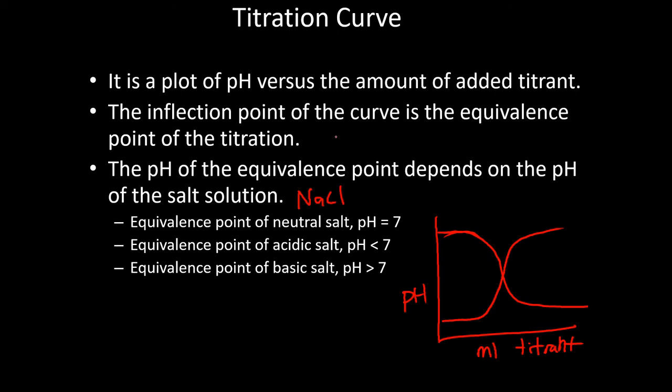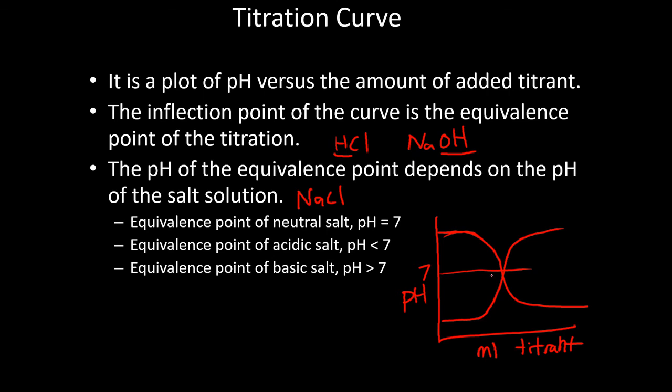So if we were titrating HCl, which is a strong acid, with sodium hydroxide, which is a strong base, the hydrogen and OH- would make water, and we'd just be left with NaCl. And that is a neutral salt. It's not going to have an effect on the pH, and so the equivalence point will have a pH of 7. So if this was a strong and strong titration, it would be right there at a pH of 7.